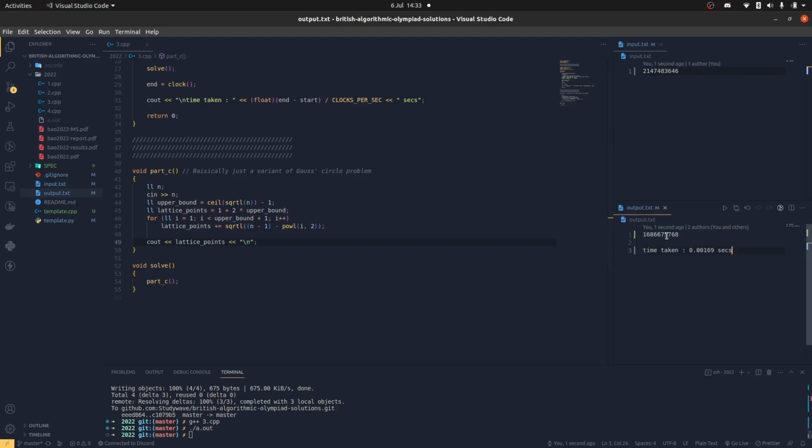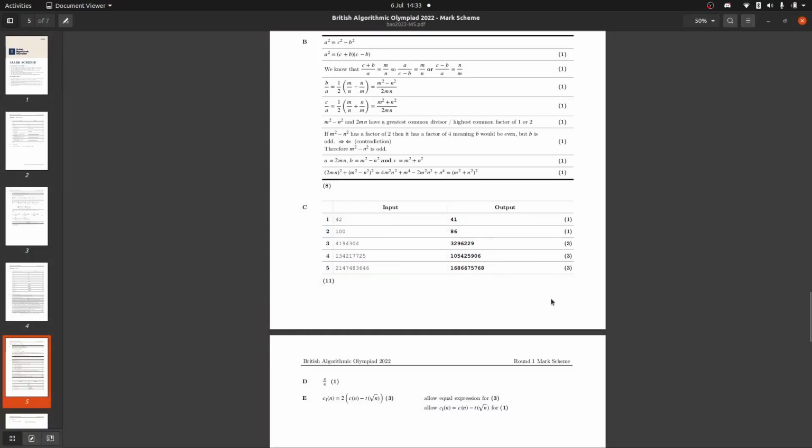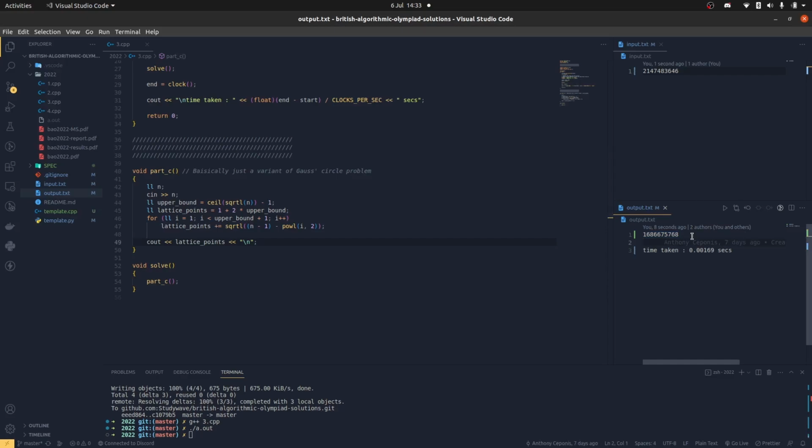We can see that we get the final answer, which should be the same as this. Yes, it is the same. Ends in 6.8, ends in 6.8. And you can see that this is incredibly fast. You might have tried to do solutions where you literally manually check every single point or something like that, but this is definitely the fastest way of doing this.